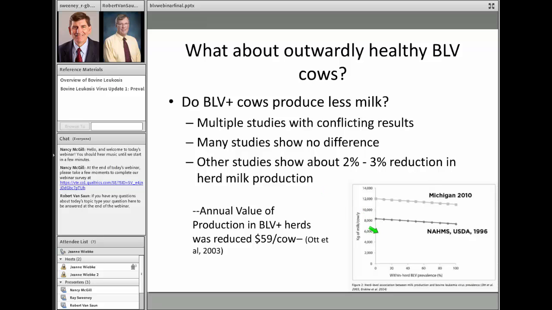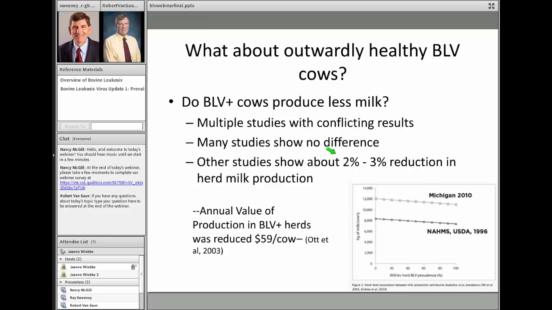And there's a couple of studies here that have showed that the more BLV in a herd, the more percentage of cows within the herd that have BLV, there has been a very slight reduction in milk production. And for instance, in one study, it amounted to about $59 per cow in those herds that had BLV. So the bottom line is it may have a very mild effect on milk production.